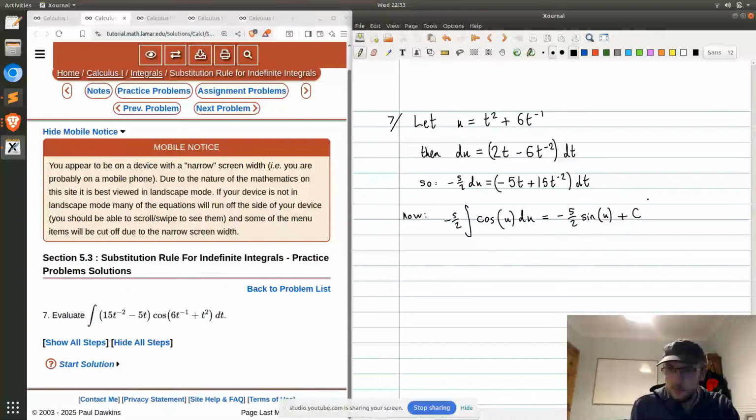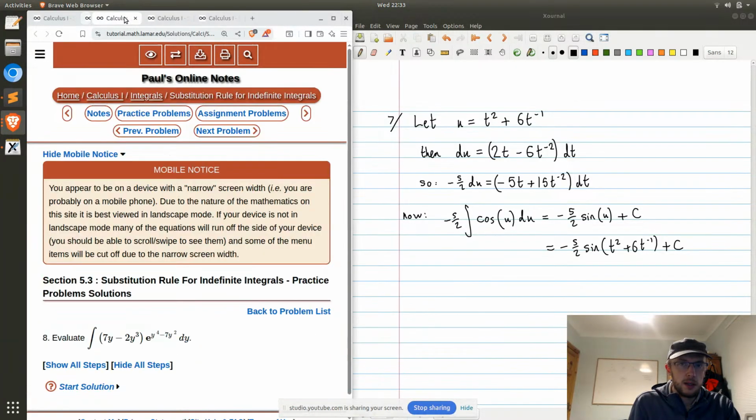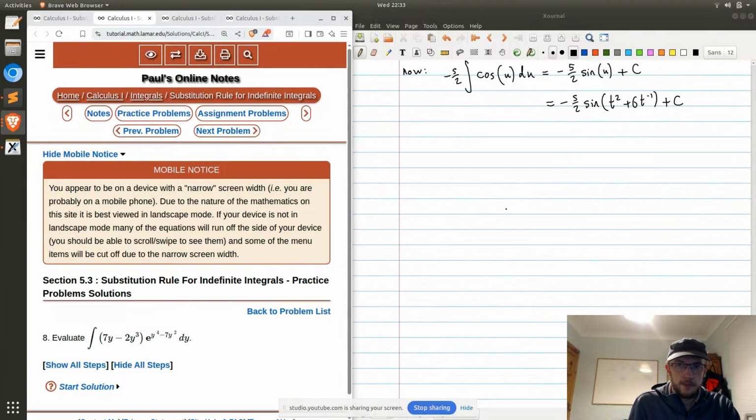And that becomes minus 5 over 2 sine of t squared plus 6t to the minus 1, plus c. Yeah, that's right. Problem 8.